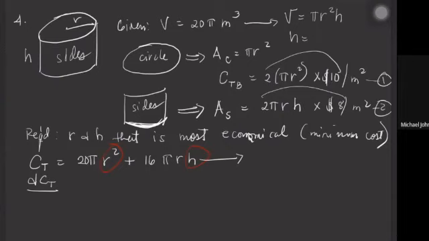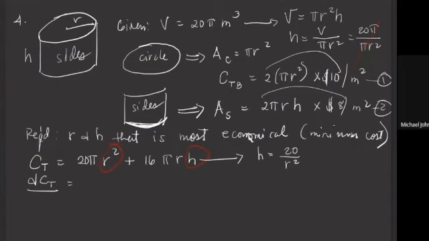Given that the volume is fixed and is equal to 20 pi, h is volume over pi r squared, which is 20 pi divided by pi r squared. Therefore, cancel this, and we can replace our height as equal to 20 over r squared, right?